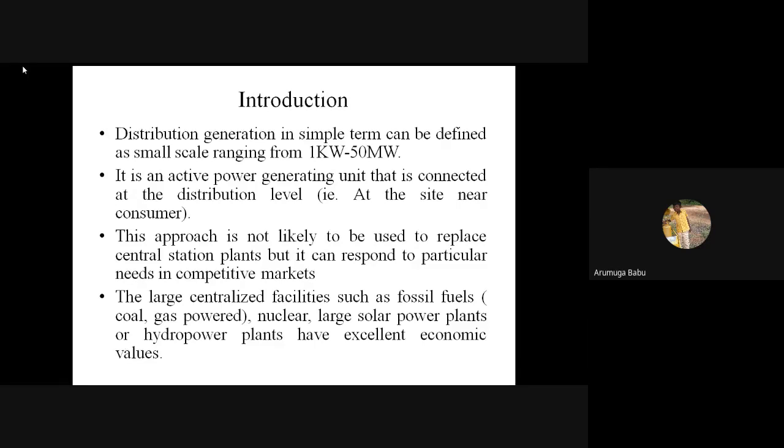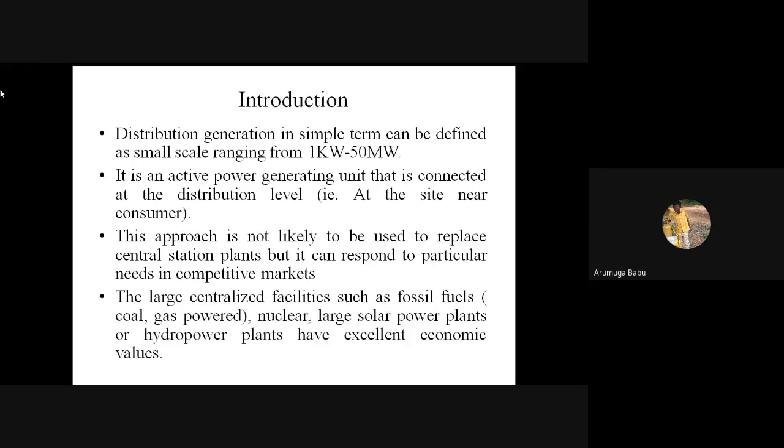Another important difference between conventional power plant and distribution generation is that all the conventional power will be connected at the generation level, but the distribution generation will be connected at the distribution side itself. Okay. This is the main difference. If you're taking the conventional power plant, that will be connected in the generating station. Here we are going to have the distribution generation at the distribution side.